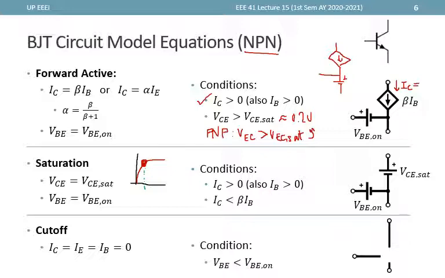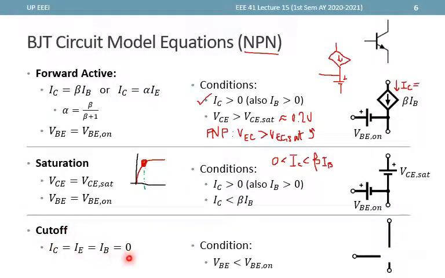So strictly speaking, IC must be between 0 and beta IB. And if it turns out that IC is not less than beta IB, then we'll have to assume forward active.